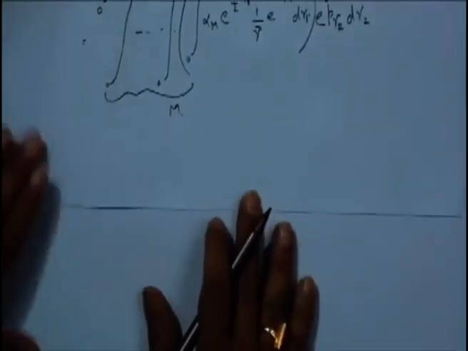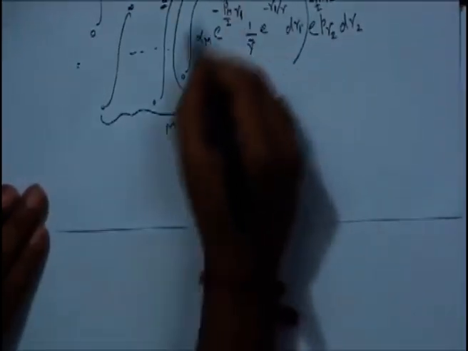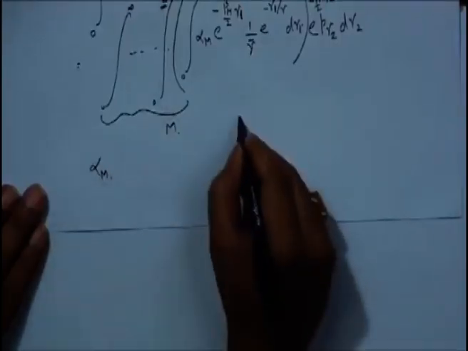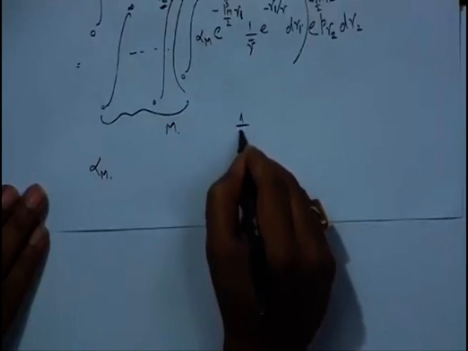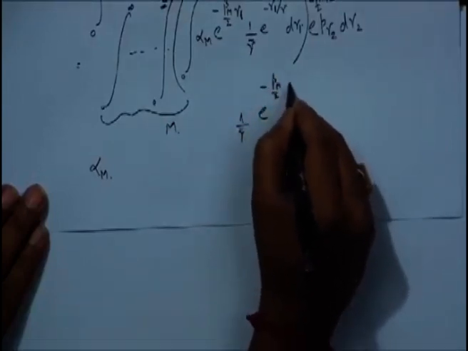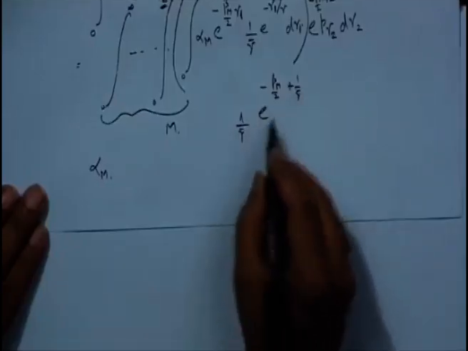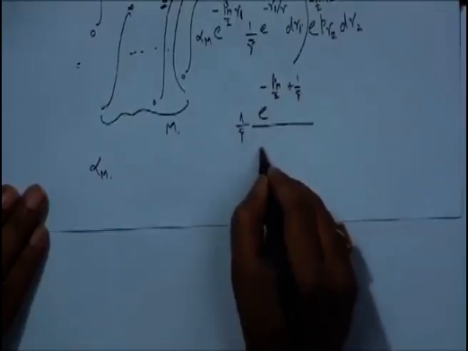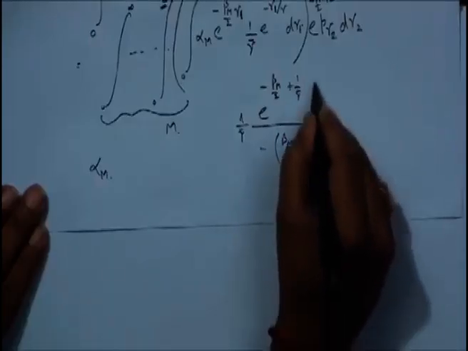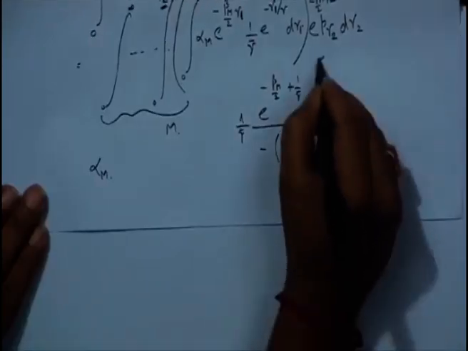If you solve one of them, alpha m of course comes out, and it is 1 by gamma bar, e to the power of minus beta m by 2 plus 1 by gamma bar, divided by minus of beta m by 2 plus 1 by gamma bar, with limits 0 to infinity.